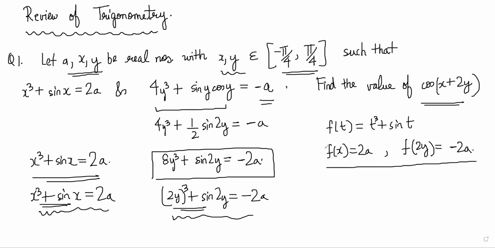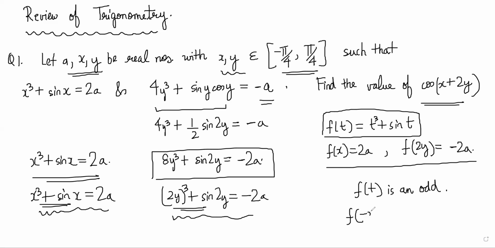What is the advantage of doing that? We can look at this function and analyze its properties. We can see clearly that f of t is an odd function because sine is odd and t cube is odd. Therefore, f of minus x will be equal to minus f of x.